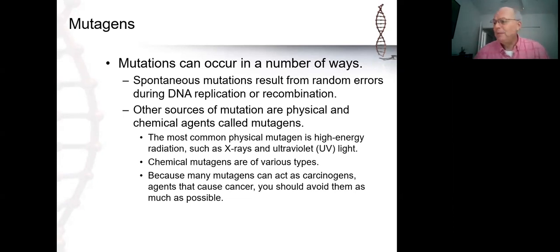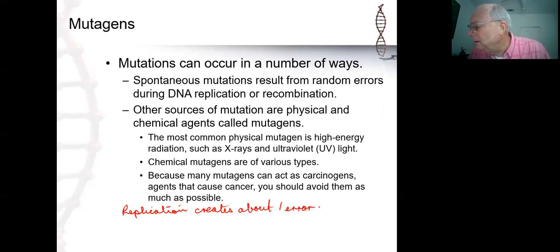The copying process is very accurate, but it's still not perfect. So replication creates about one error in every 1 billion nucleotides copied.